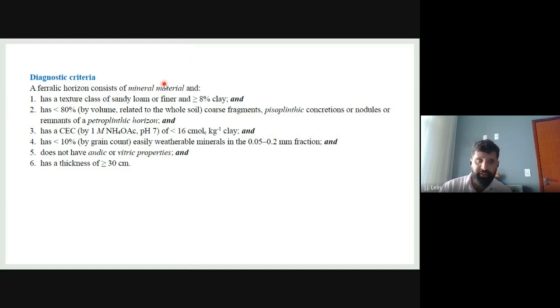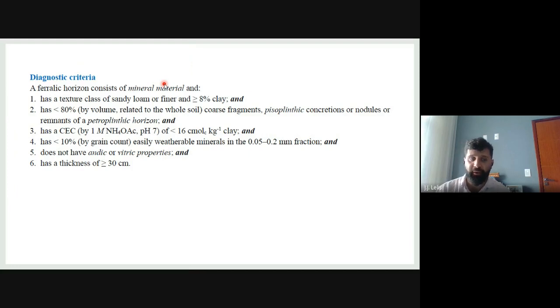We have a texture class of sandy loam or finer and at least 8% of clay. And the Ferralic horizon concentrates clay, but not by clay migration or clay illuviation or eluviation, but by clay formation.